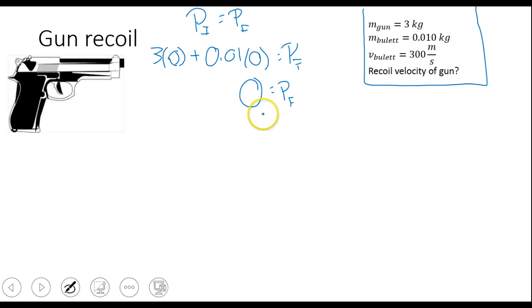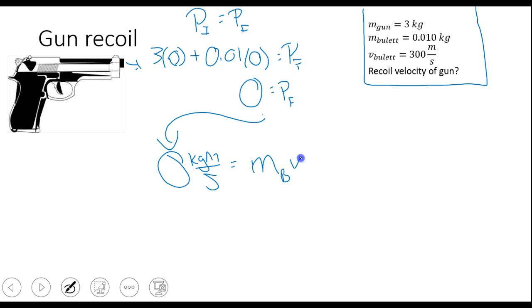So I can say, okay, 0 kilogram meters per second is equal to, let's imagine that this bullet is going to go to the right, the m of the bullet and the v of the bullet, plus the mass of the gun and the velocity of the gun in that final situation.